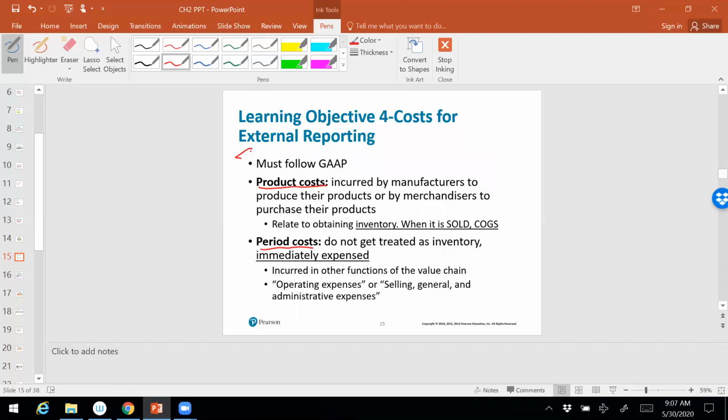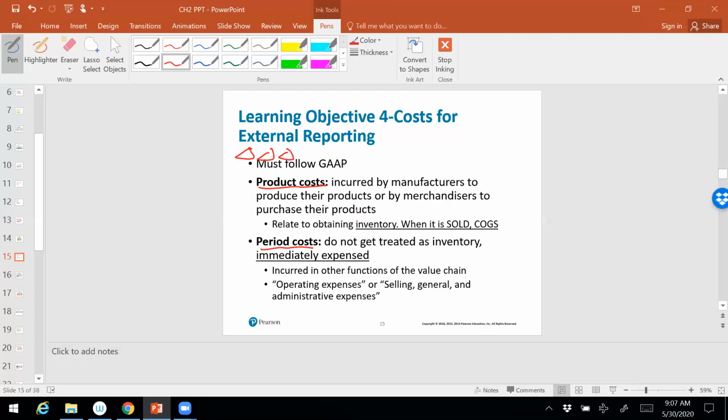So this is very, very important. You will hear those two terminologies, product cost and period cost, a lot. So what's the meaning of product cost? What's the meaning of period cost?